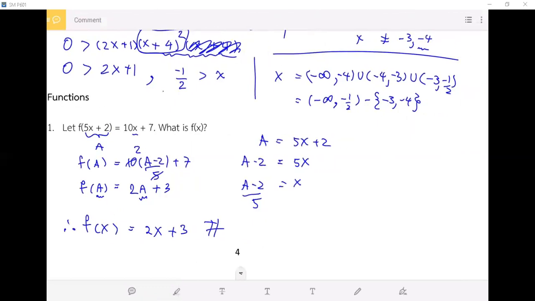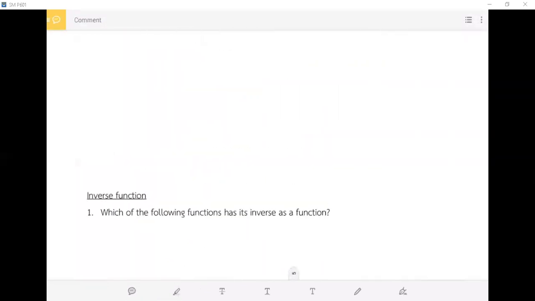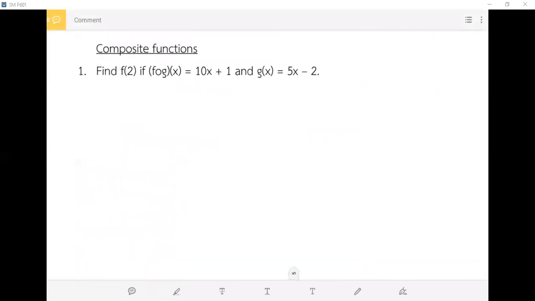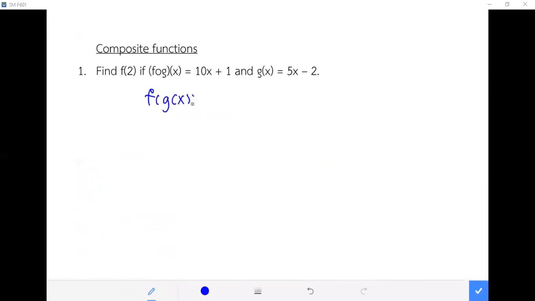Okay, let's get the next one. Composite functions, find f(2). You have f of g(x) like this. Let's start: f of g(x) is 10x plus 2. You already have your g(x), right?